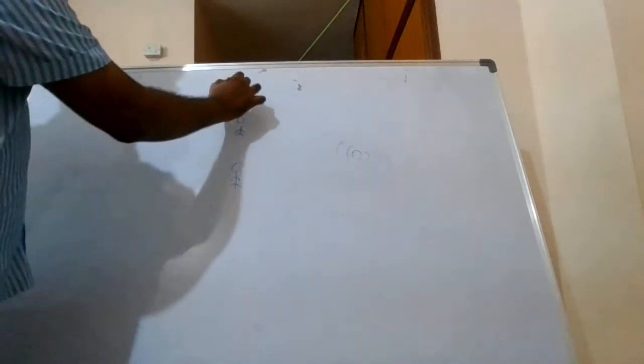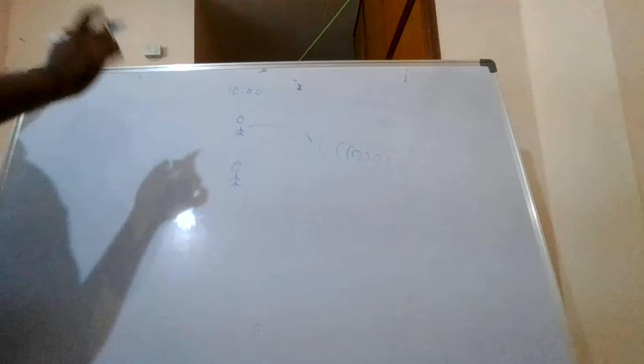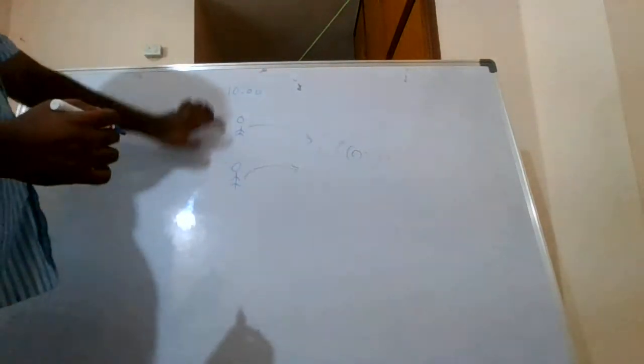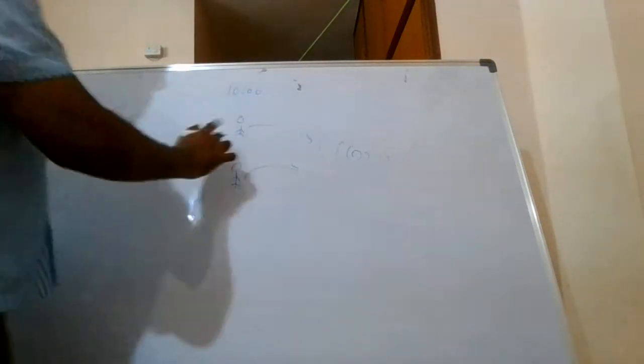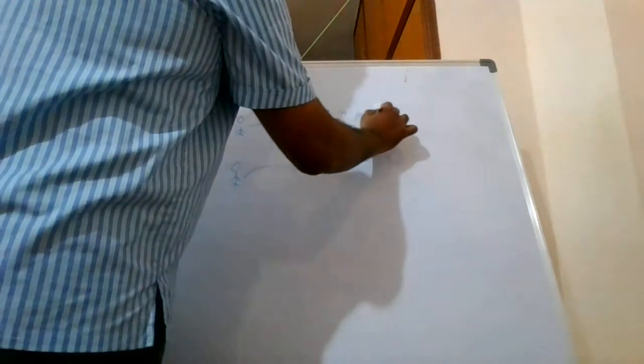Suppose exactly at 10 o'clock, this fellow threw a stone, and this fellow also threw a stone exactly at the same point. So a wave is created. Look here, both are throwing a stone and creating a wave exactly at the same time. There is no time gap. So you will say that both are in phase.